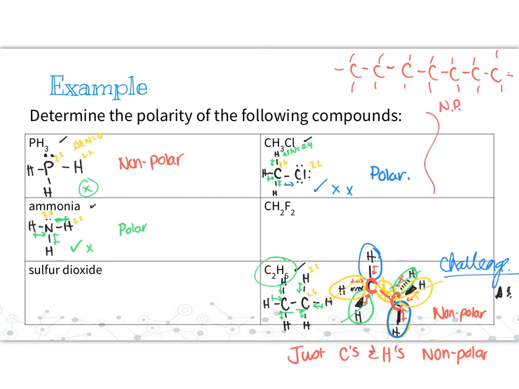It would take a lot of work to draw it like this. So just C's and H's, where this can be any number and this can be any number, will be non-polar. As soon as you add another element here, that changes the non-polar status. We can't say that then. We'd have to draw it out.